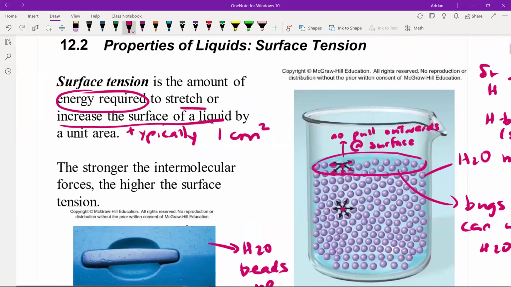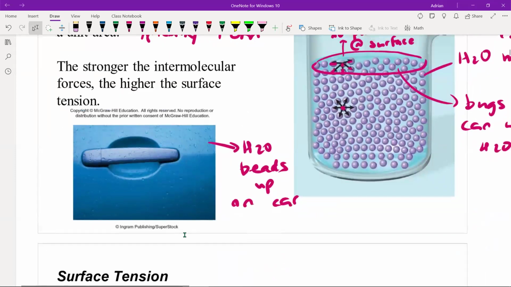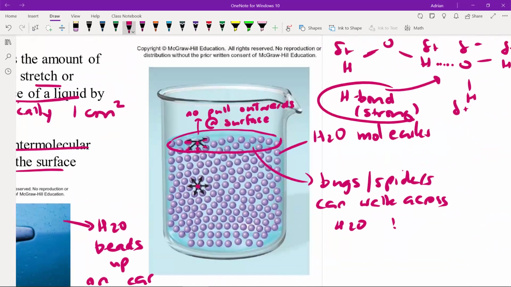It takes a lot of energy to break that surface tension to increase the surface by a certain area. So the general trend here is that the stronger the intermolecular force of attraction, the higher the surface tension is. And in the case of H2O, where we have that very strong hydrogen bond as our intermolecular force, H2O has a very high surface tension as a result.